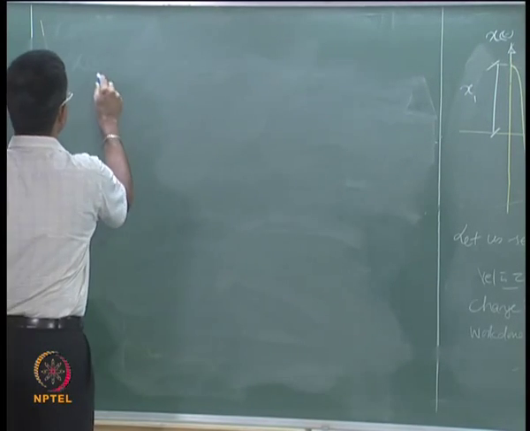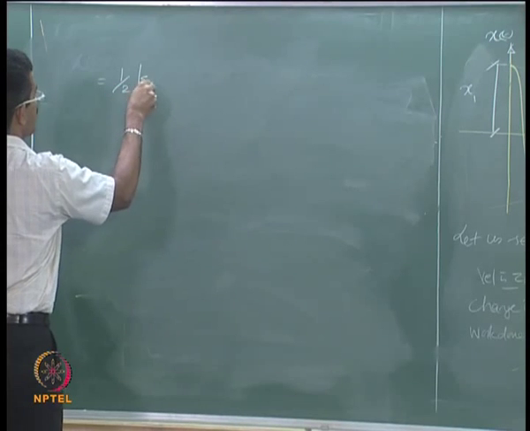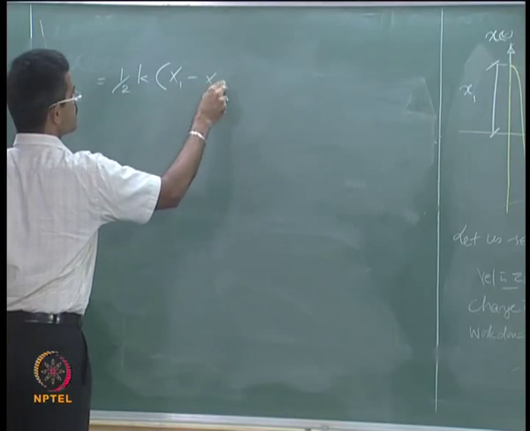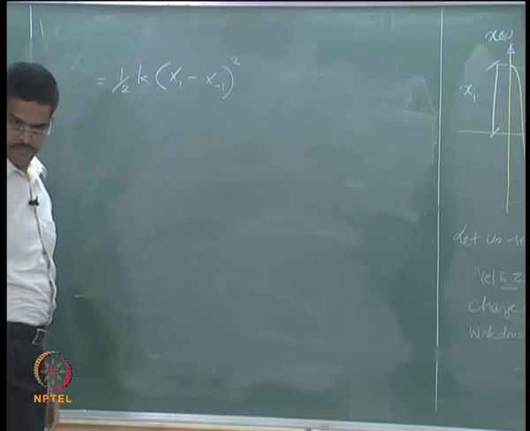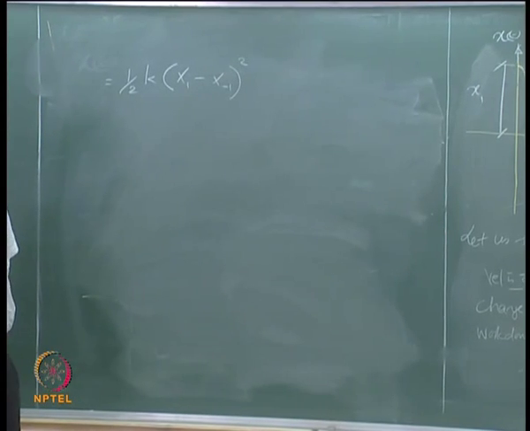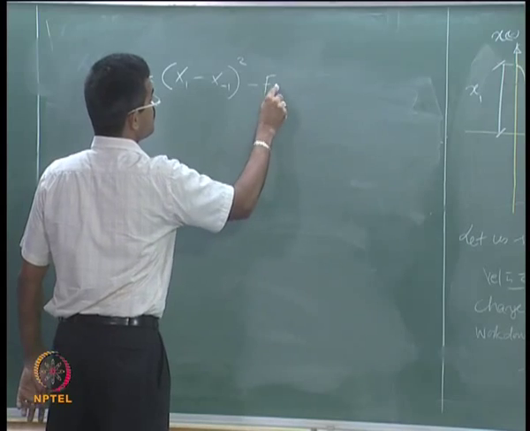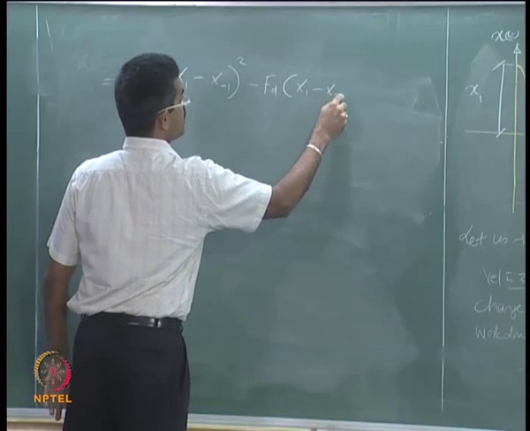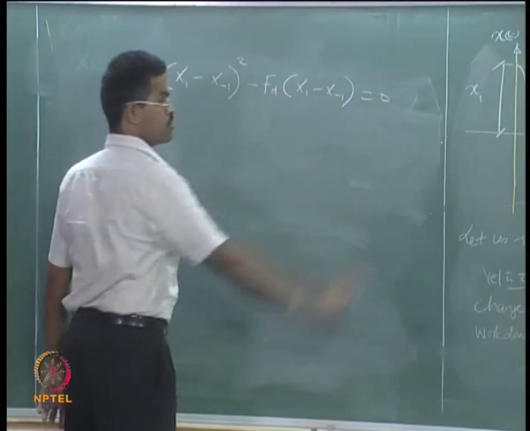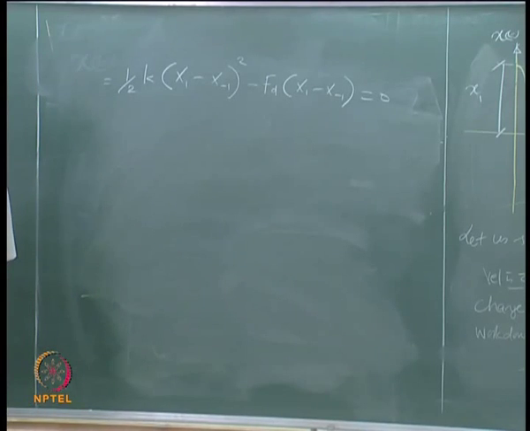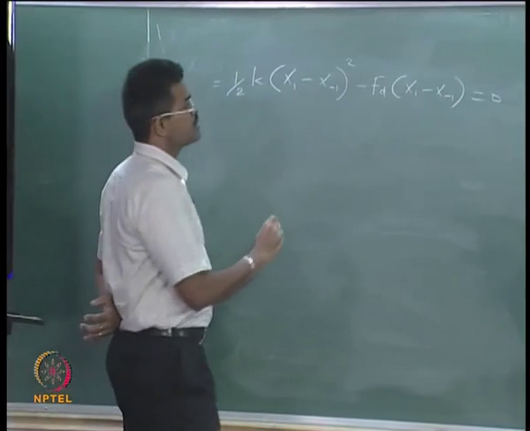Hence half k (x1 minus x minus 1) the whole square minus F damping (x1 minus x minus 1) should be set to 0.